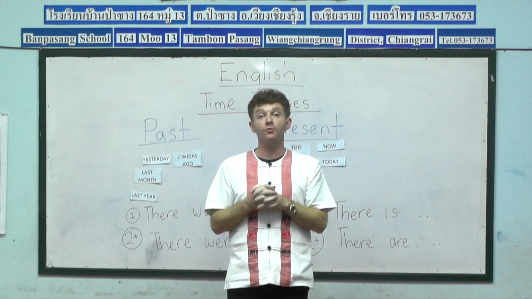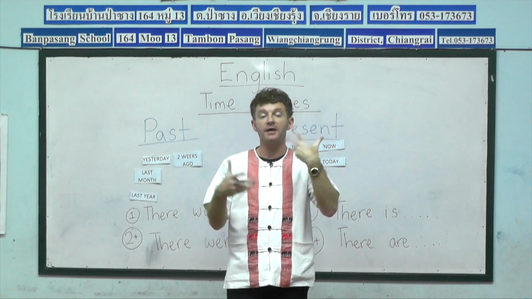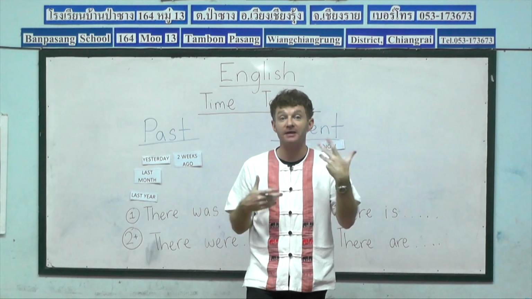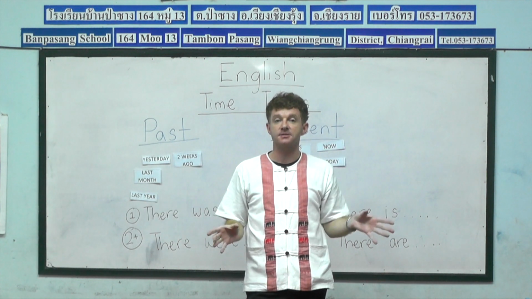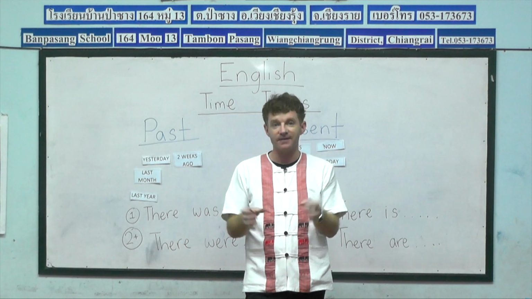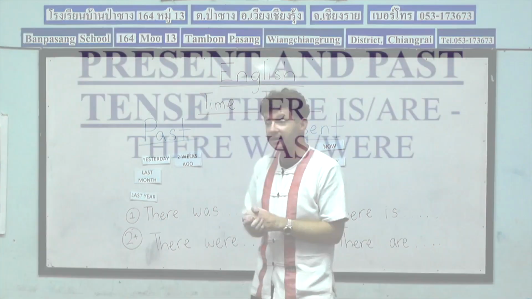What we're going to do now is look at a PowerPoint presentation so that we can learn and practice how to say sentences for singular and plural objects in the past and present tenses. So let's turn our chairs to have a look at the TV screen, guys.